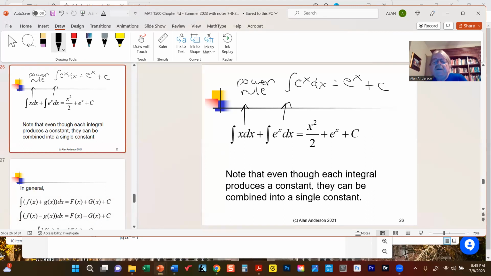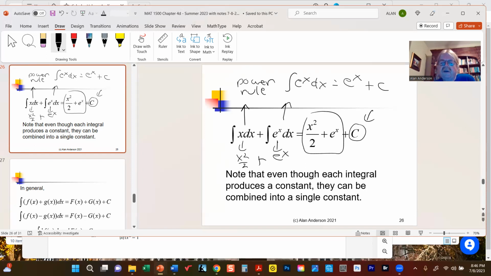By the way, even if you're now doing two separate integrals, you don't need to take into account the constant for both of these, because you're just combining them anyway into this new constant. So you don't have to, for example, here, this is e to the x, this is x squared over 2. You can combine these and then at the very end add the constant of integration.